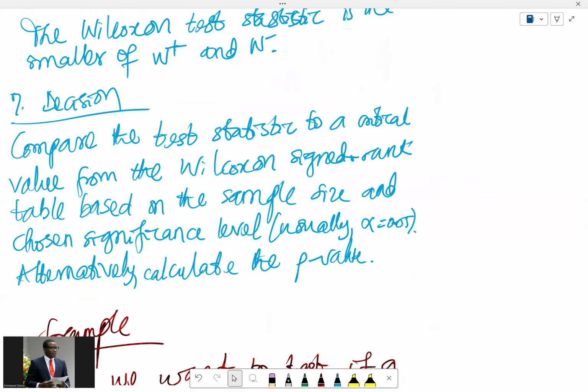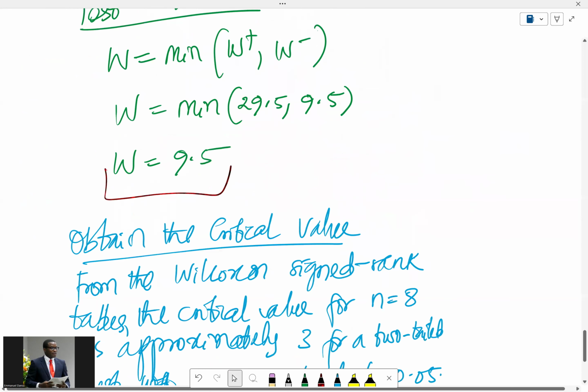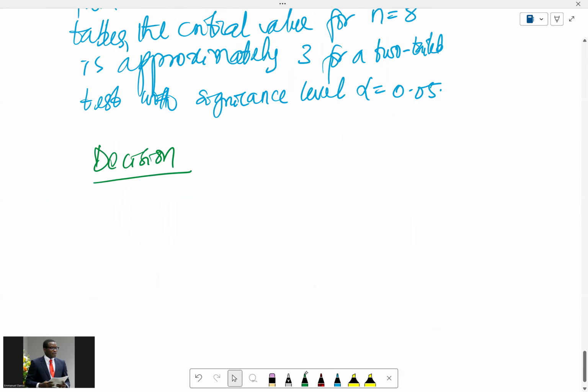The decision rule has not been stated yet, so now I'm introducing you to that. And just like the Mann-Whitney test, once what you calculated is less than the critical value, then you reject the null hypothesis.